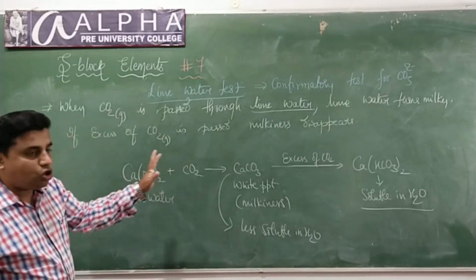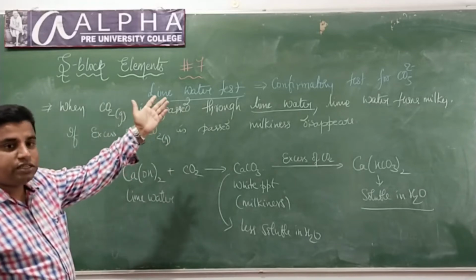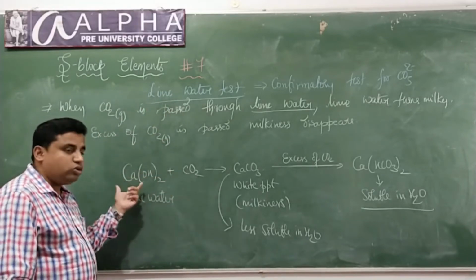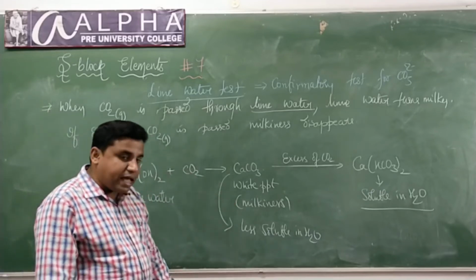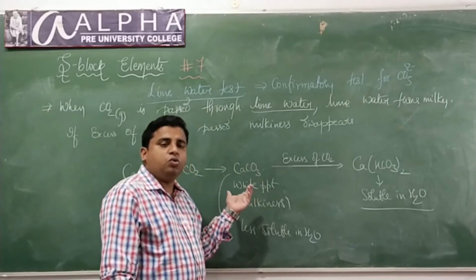I hope you understand the logic here. What is this test called? This test is the lime water test, which is nothing but the confirmatory test for carbonate. So when carbon dioxide is passed through lime water, it turns milky because of the formation of calcium carbonate, which is insoluble in water. Therefore it forms a white precipitate.